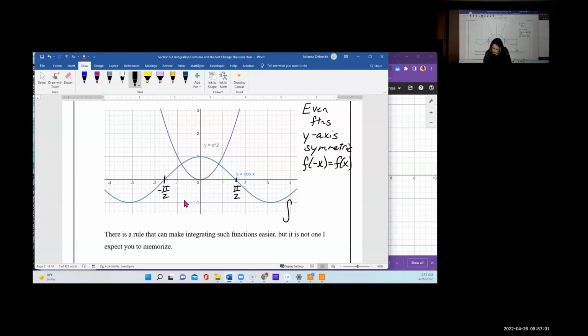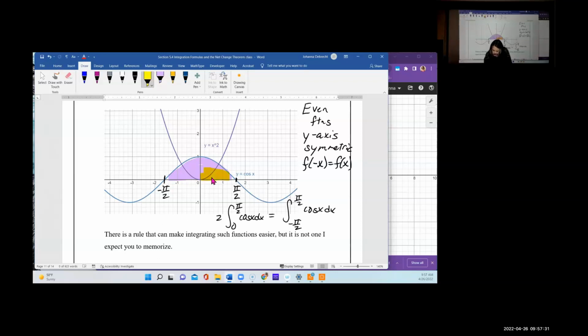So if I wanted to integrate from -pi/2 to pi/2 of cosine of x dx, I could instead integrate from 0 to pi/2 and double the area, because the area under the curve is the same. Does everybody see that?